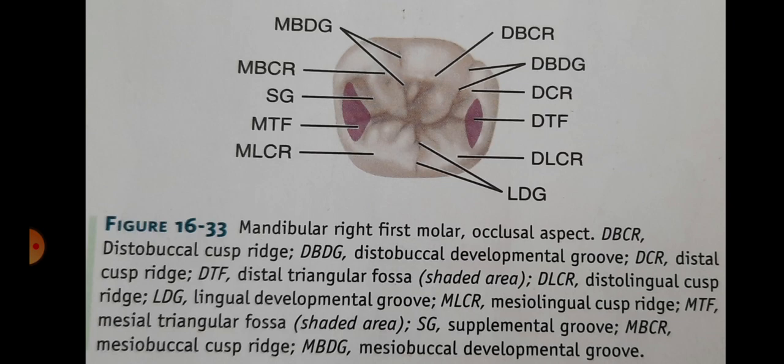MTF is mesial triangular fossa, the shaded area. SG means supplemental groove. MBCR is mesiobuccal cusp ridge, and MBDG is mesiobuccal developmental groove.